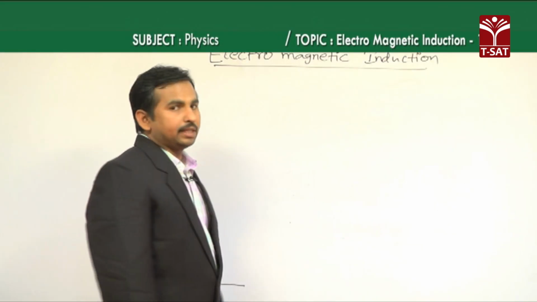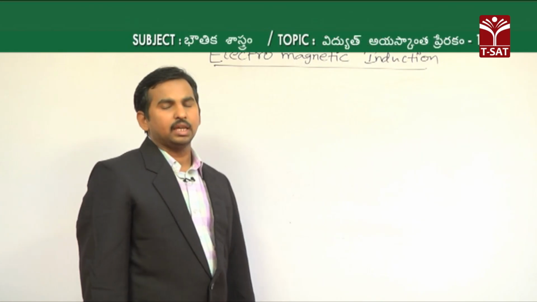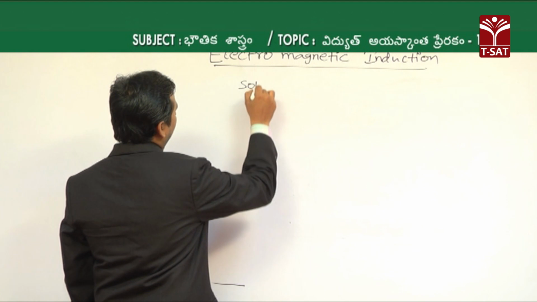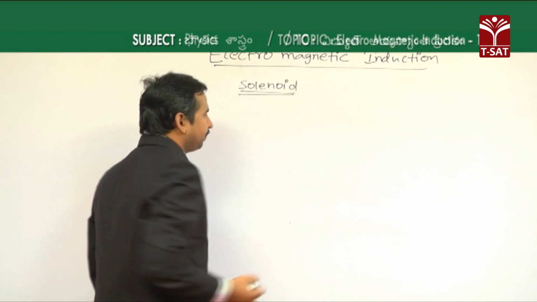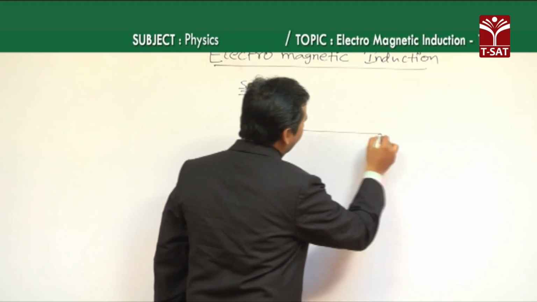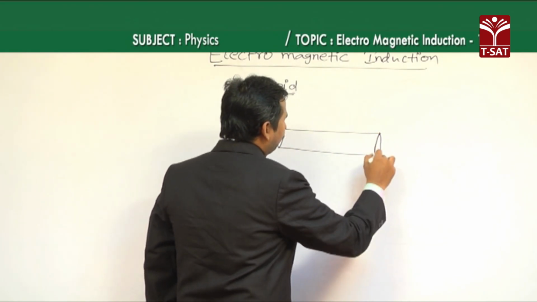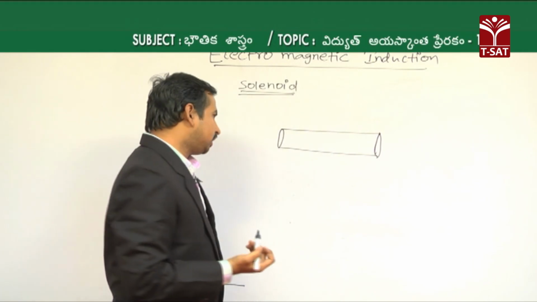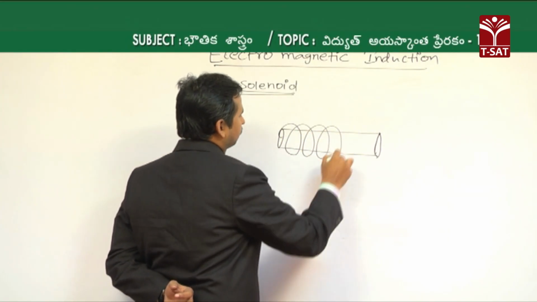So now we have seen a straight conductor and a circular coil. Now we take another one, called a solenoid, which is a strong, powerful electromagnet. A solenoid is nothing but a cylindrical insulating material, like plastic or wood, around which we wind a copper wire like this.